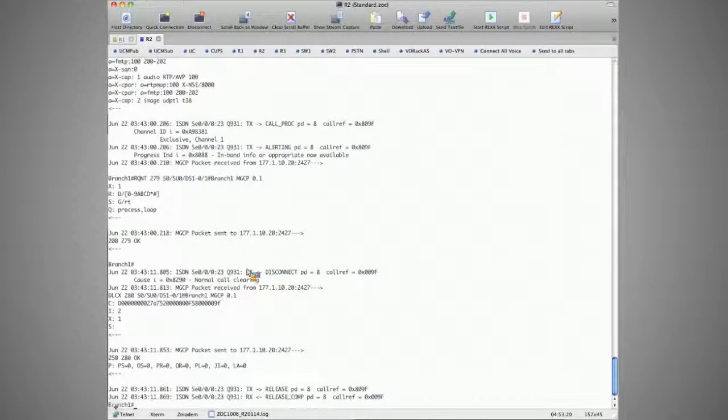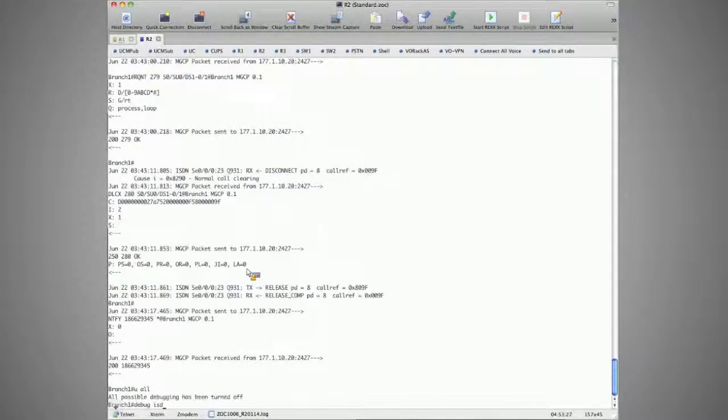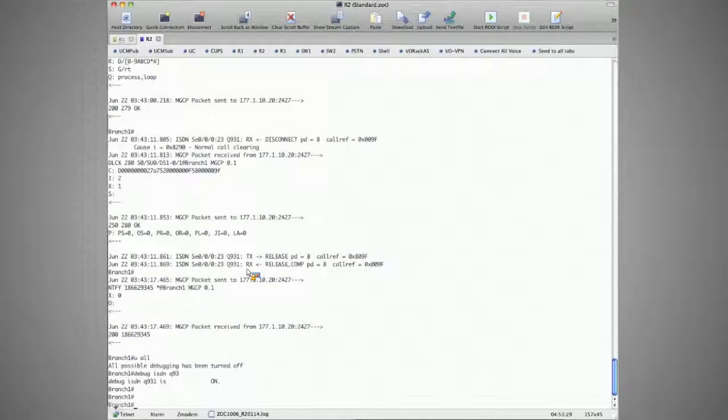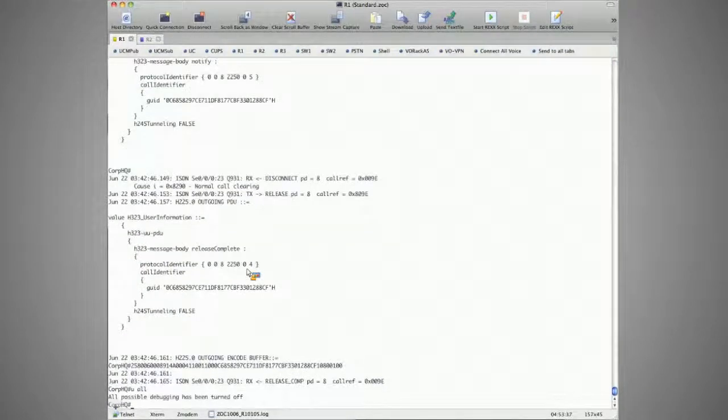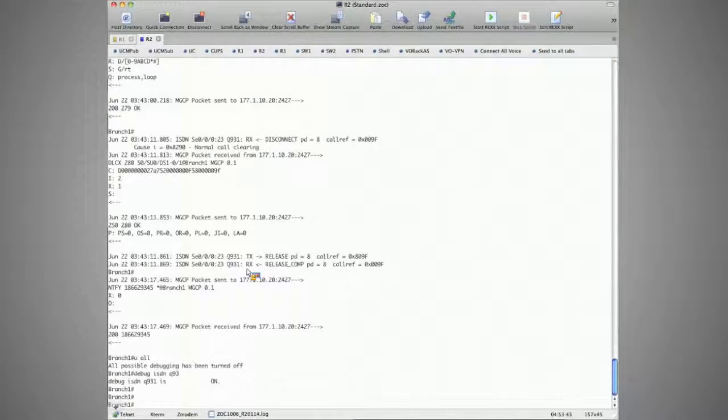Okay, so now let's try to call in through MGCP to a number that doesn't exist. So I'm going to undebug all and just debug ISDN Q931. We've proven the protocols are working and we know which protocols we're speaking. Now let's look at the information regarding who called.